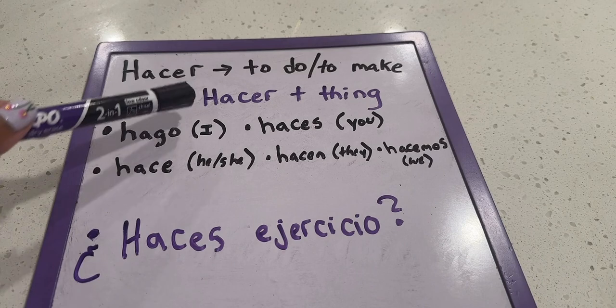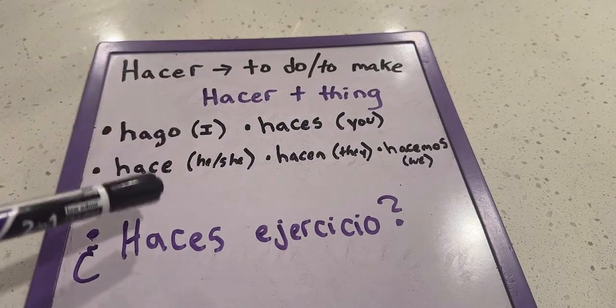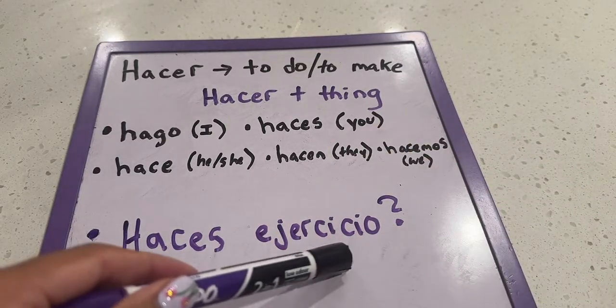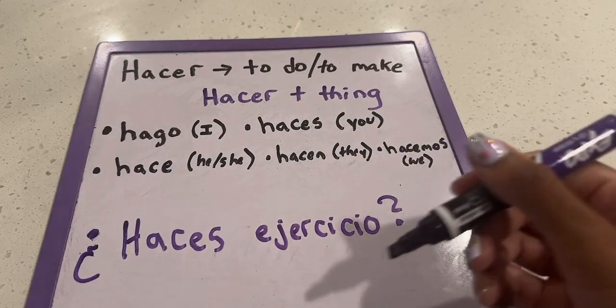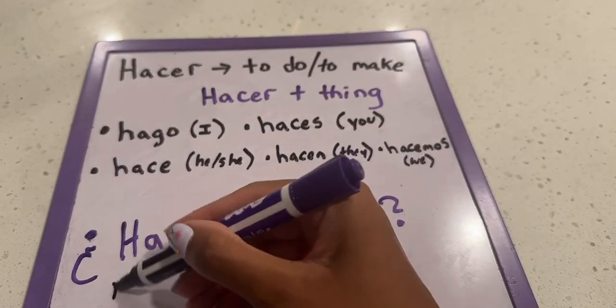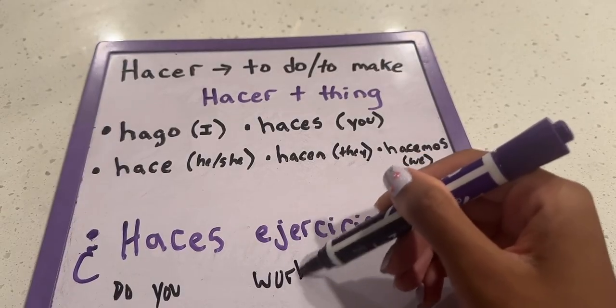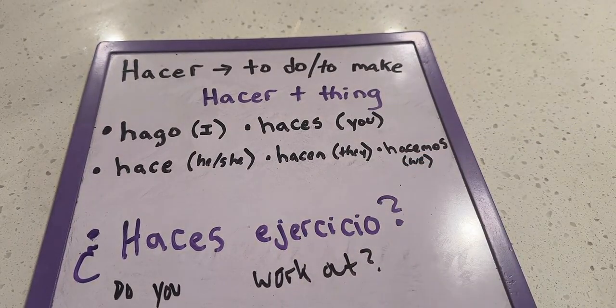And we followed the formula because we're saying the correct version of hacer plus the thing. So yes, this is the tú form because we're talking about do you work out? And then exercise is the thing. So if you see someone that's in great shape, you could always ask them, hey, do you work out? Okay.